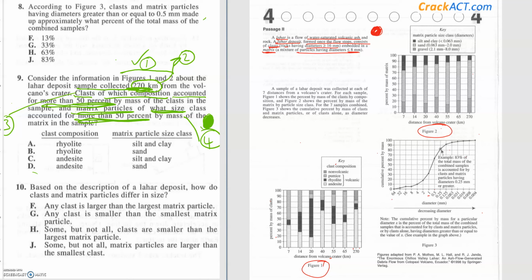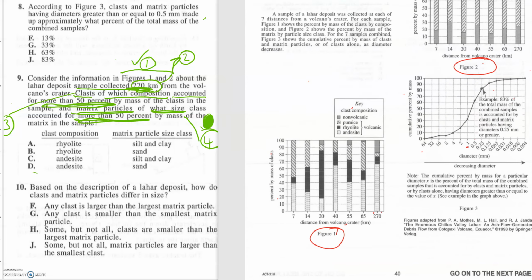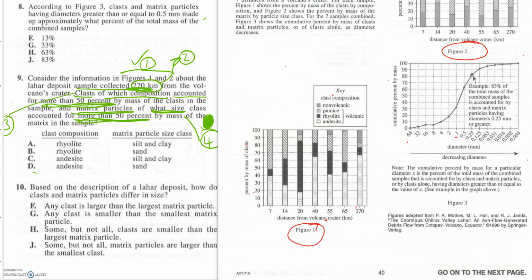And when we did the overview for the first question in the passage, we looked at the graphs and we noted that the x-axis had the distance from the volcano.